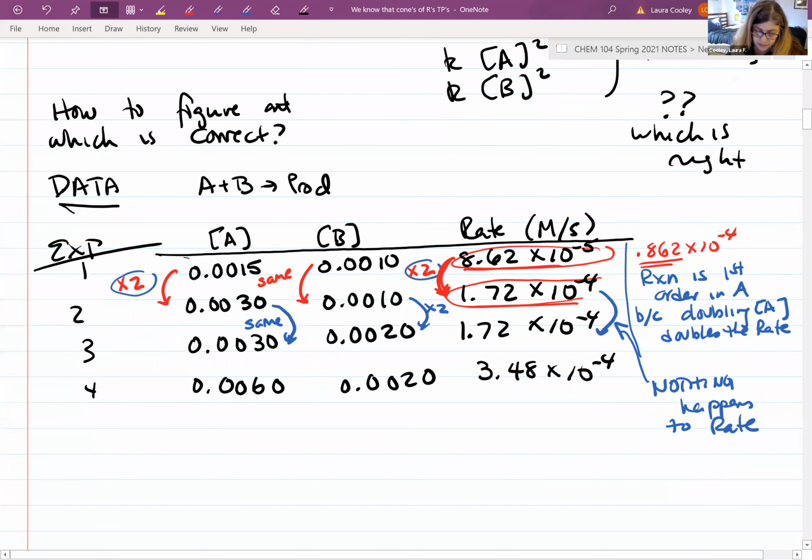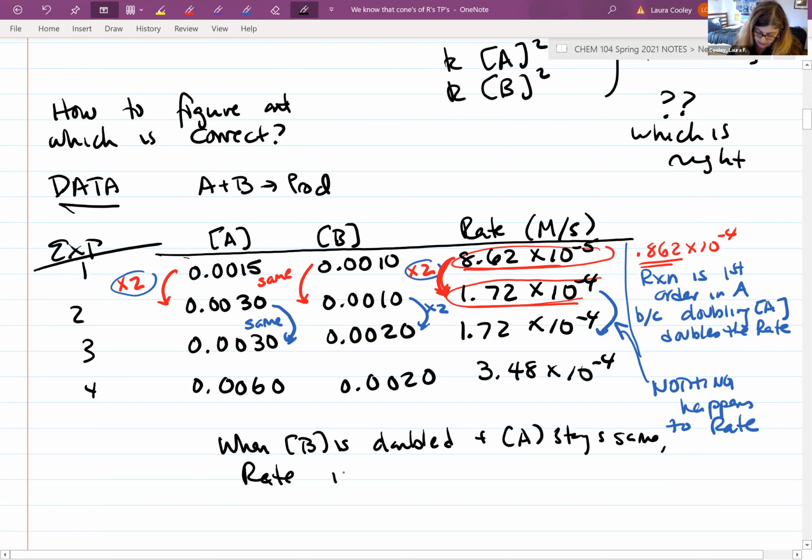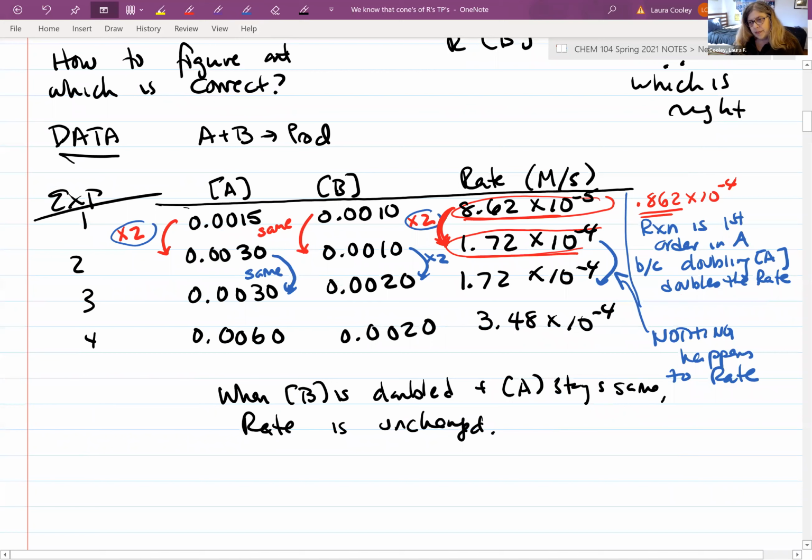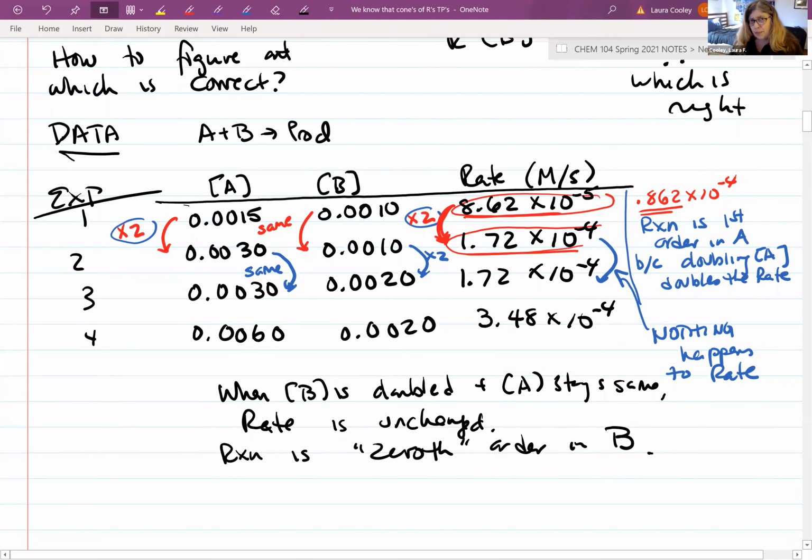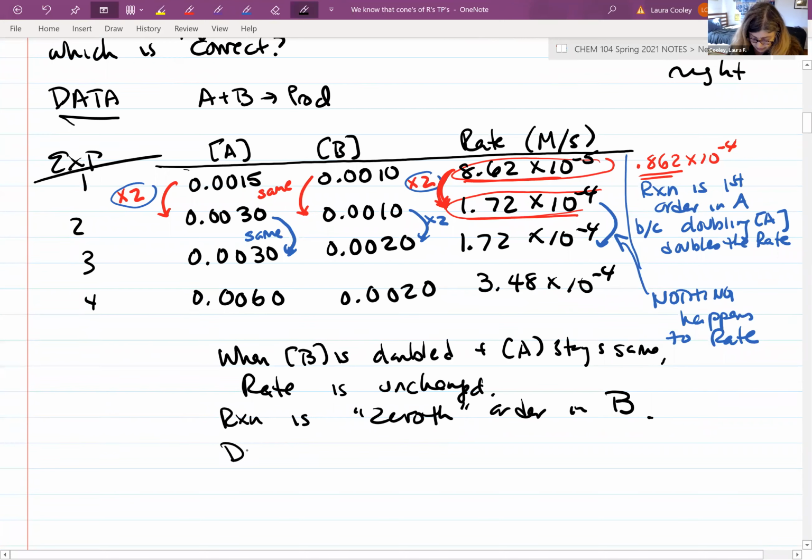We didn't do this one before, but I wanted to do it just to be complete. So when B is doubled and A stays the same, the rate is unchanged. So that means that the reaction is what we call 0th order in B, which simply means it doesn't depend on B.